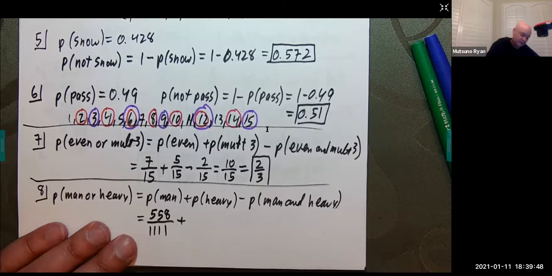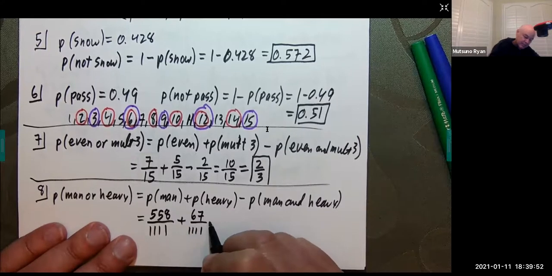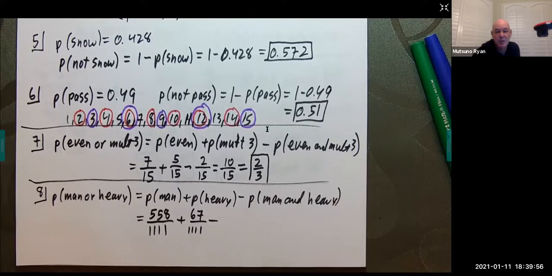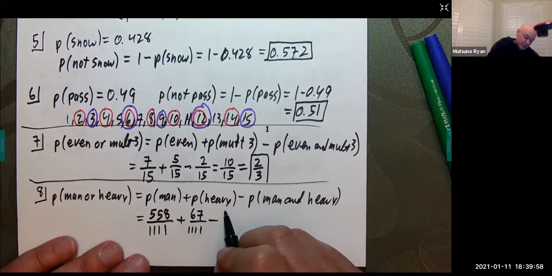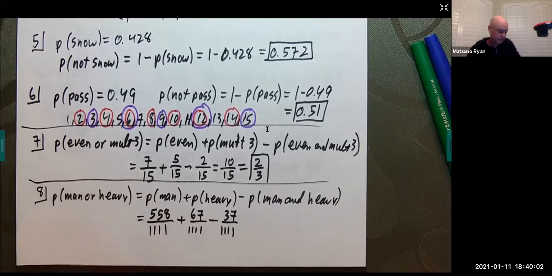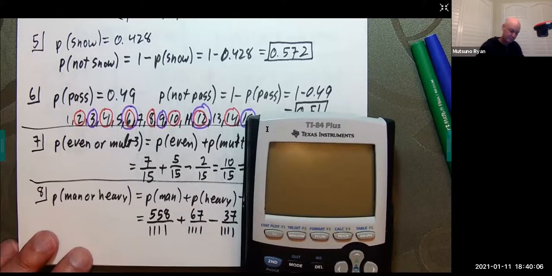There are 67. And how many heavy smoking men are there? There's 37. So this one was counted twice. So 558 plus 67 minus 37.